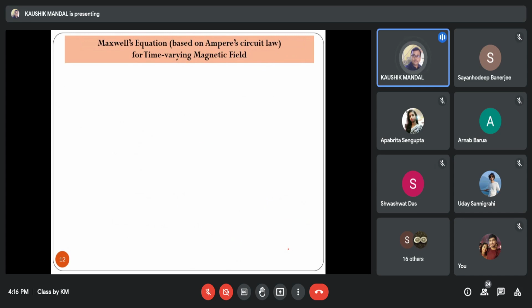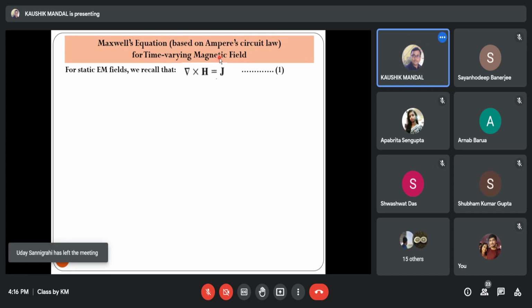Next we are moving to Maxwell's equation that is based on Ampere's circuit law for the time varying magnetic field. With the basic idea of this continuity equation, I think this equation is familiar to you: curl of H equal to J. This is the differential form of Maxwell's equation for the static field, not for the time varying field.